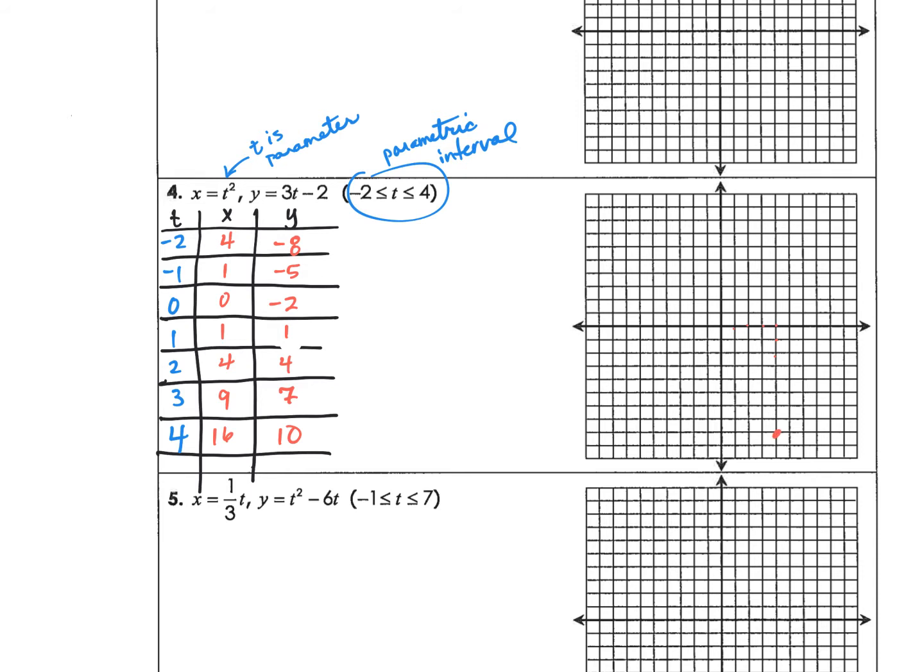Four, -8. One, -5. So now we're going this way, putting my arrows in as I go. 0, -2. 1, 1.